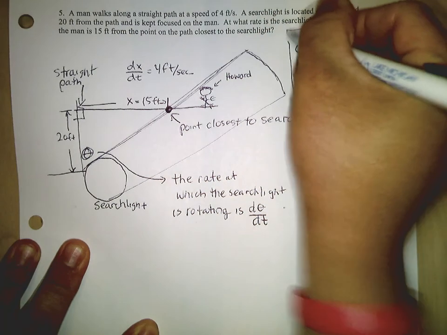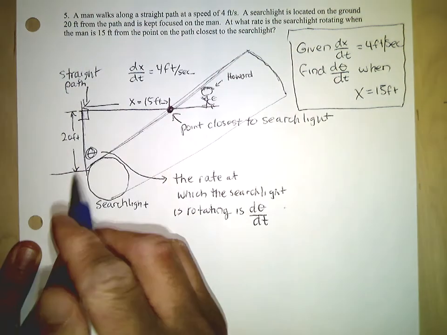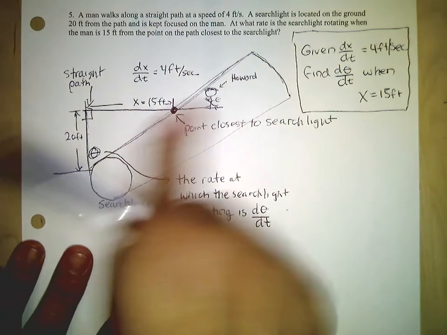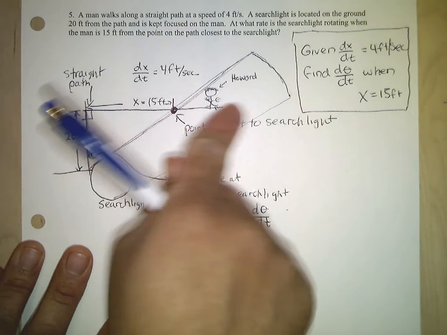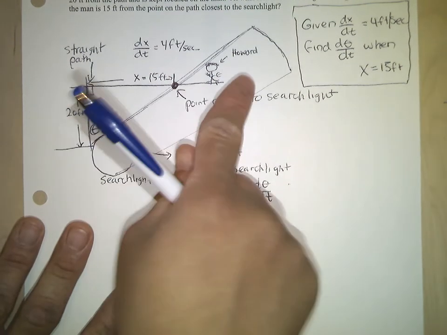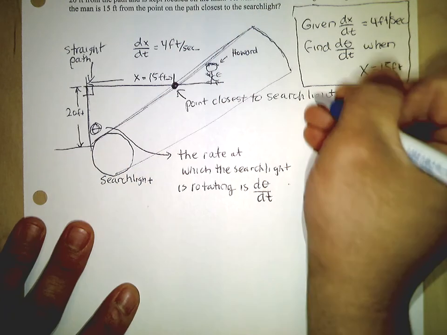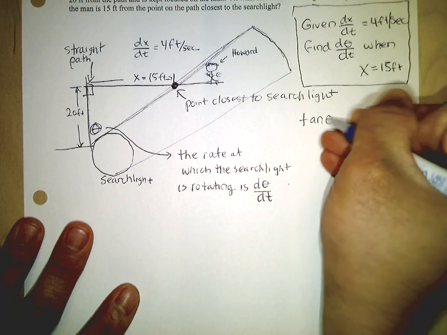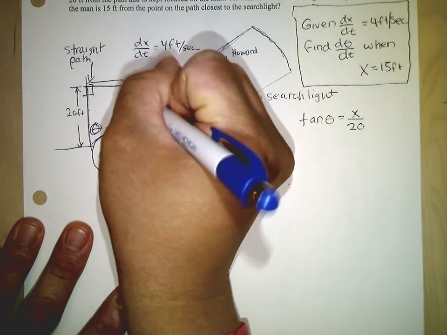Now remember, the searchlight is not moving. This is a constant. It's Howard who is moving because he's trying to escape the searchlight or whatever he is doing over there with his pitchfork hands.